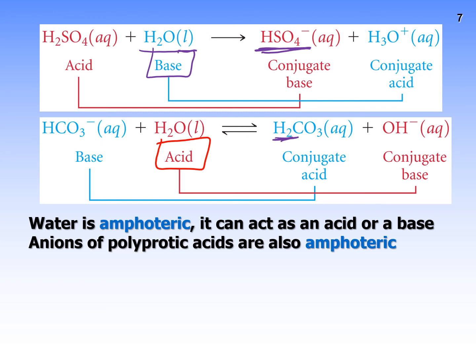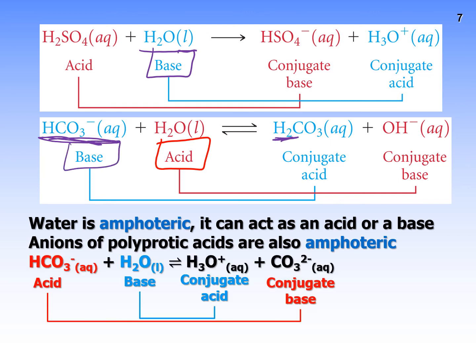In this example up top, the carbonate, or bicarbonate, or hydrogen carbonate, is acting as a base. But in an equivalent reaction, we also have our bicarbonate acting as an acid. This ability to be amphoteric is pretty special, depending on what's going on.